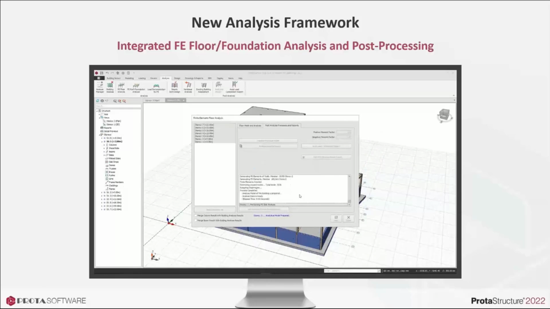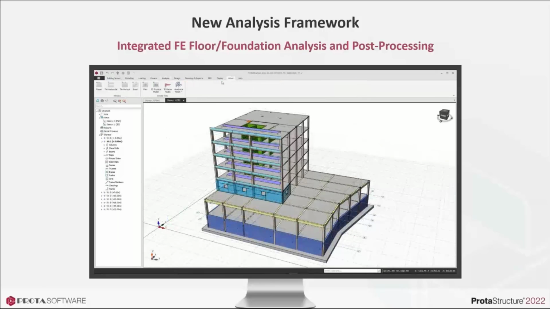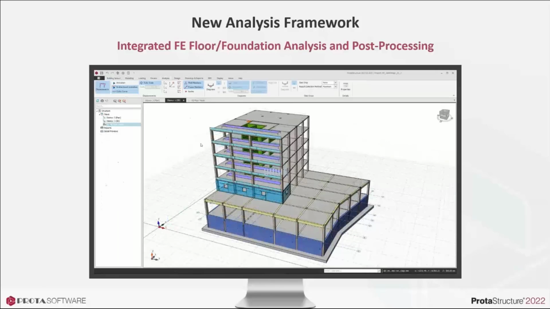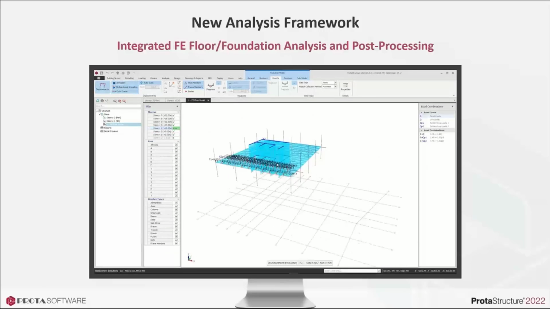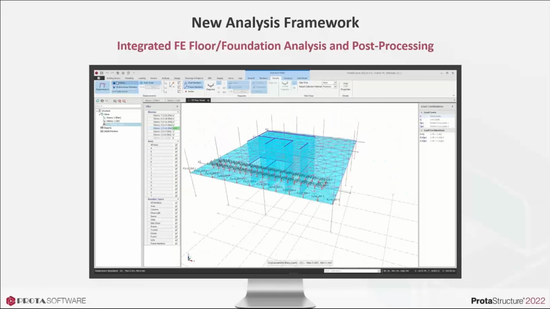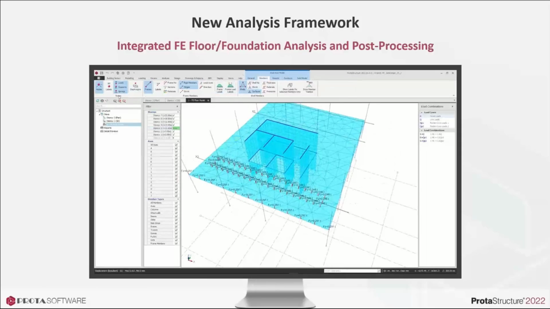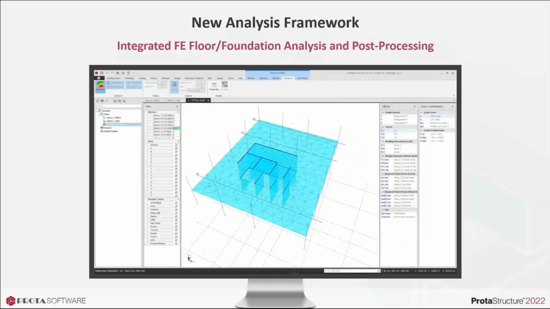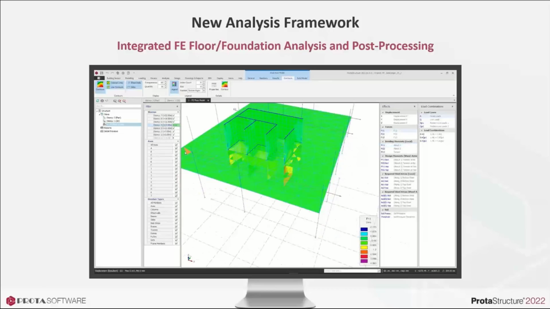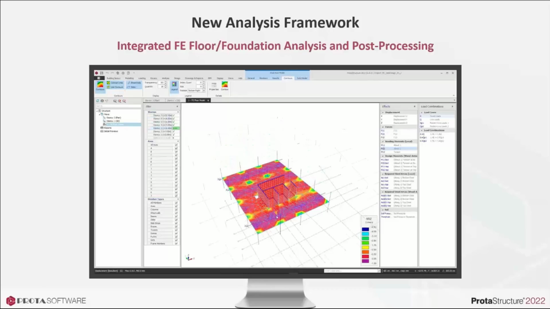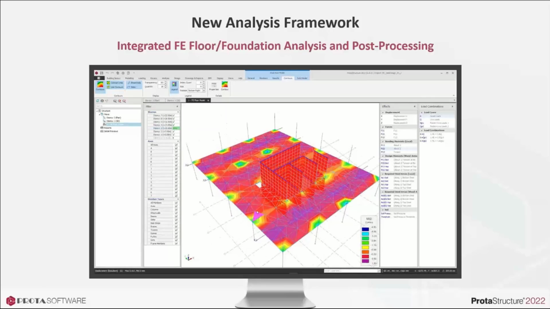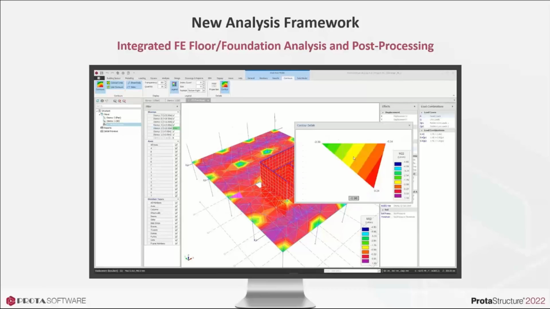We now have a unified meshing engine and data structure. We have faster and improved visualization. We have better RAM, CPU, and GPU utilization. We now support better FE contouring. We can now visualize the slab strip diagrams in 3D.